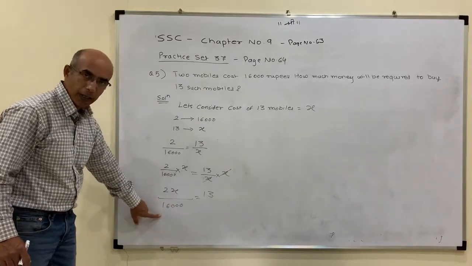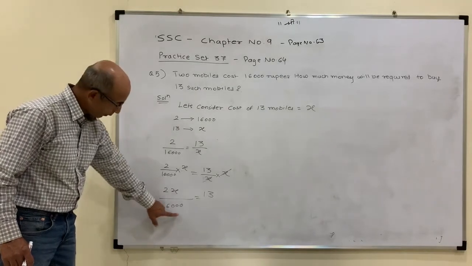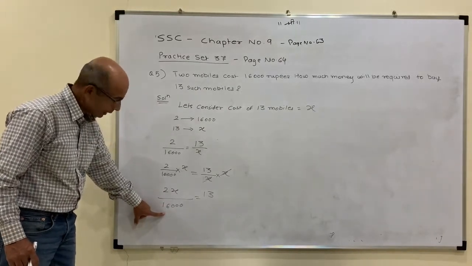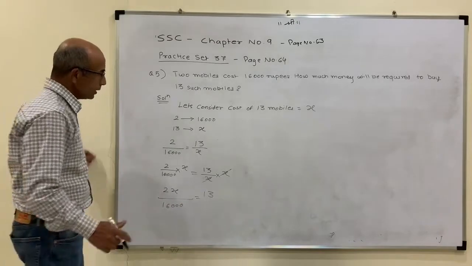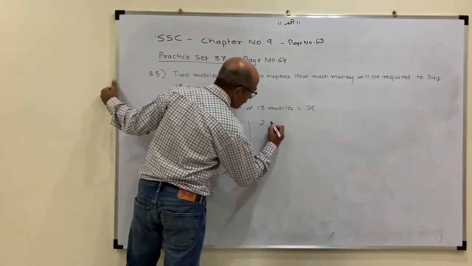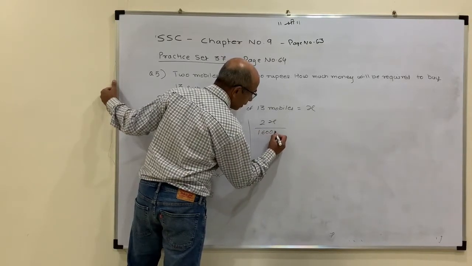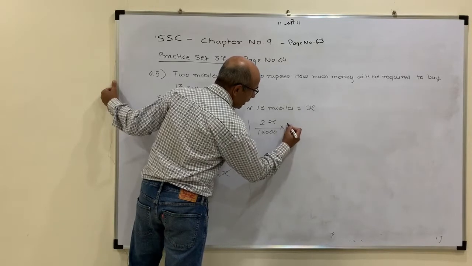Now, since I need to find the value of x, I need to isolate x. 16,000 is dividing on the left hand side, so we need to get rid of that 16,000 by multiplying by 16,000.